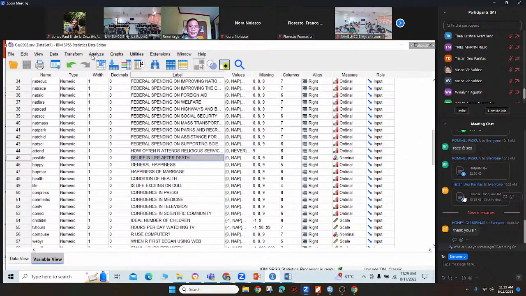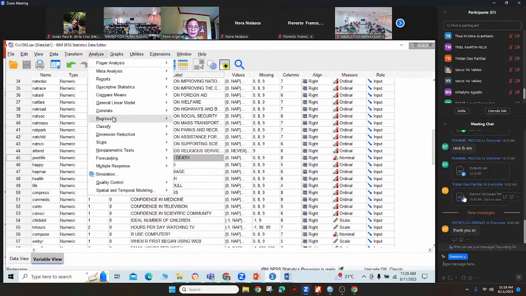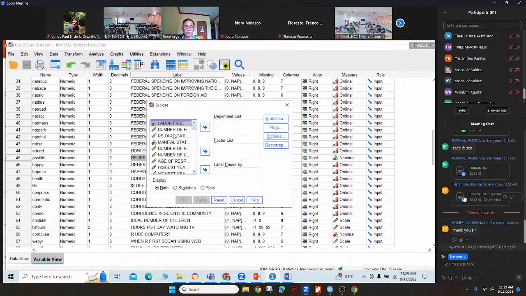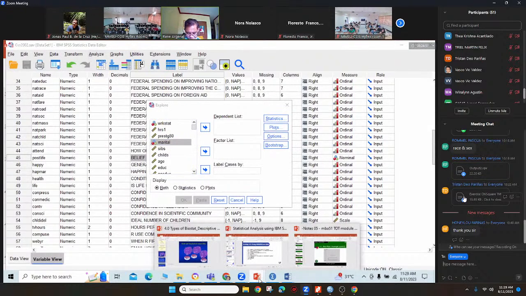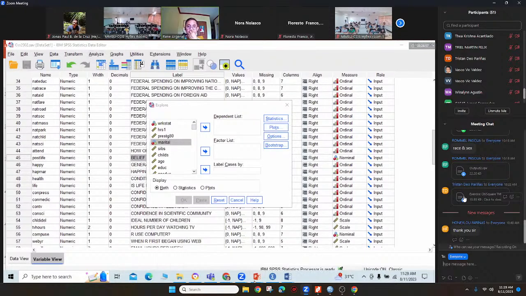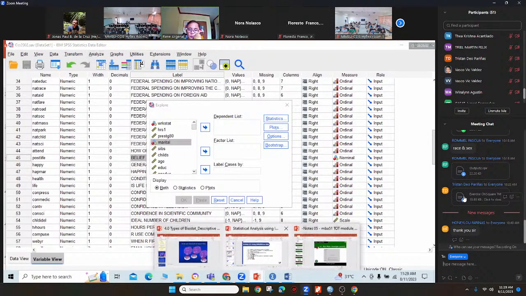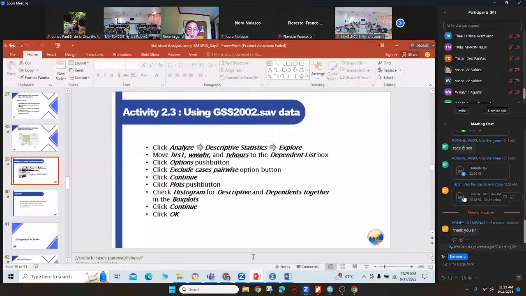So, analyze, and then descriptive statistics, explore. So, what are the variables? The dependent list. Just copy it first.